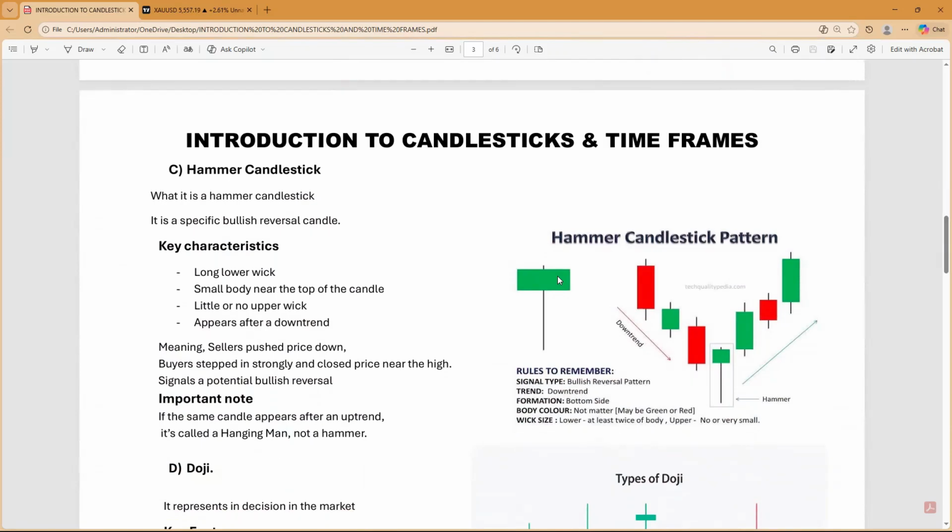What are the characteristics of the hammer candlestick? It has a long wick, just like a bearish or bullish pin bar, a small body near the top of the candle, just like a bearish and a bullish pin bar, and little or no upper wick. It appears after a downtrend.